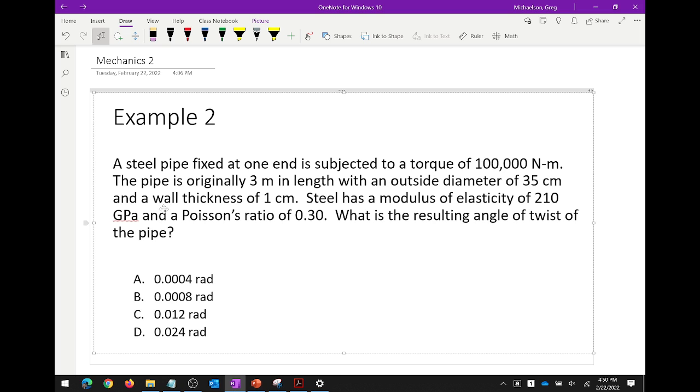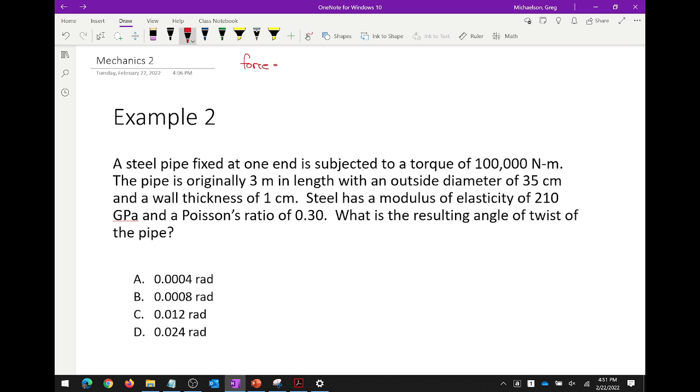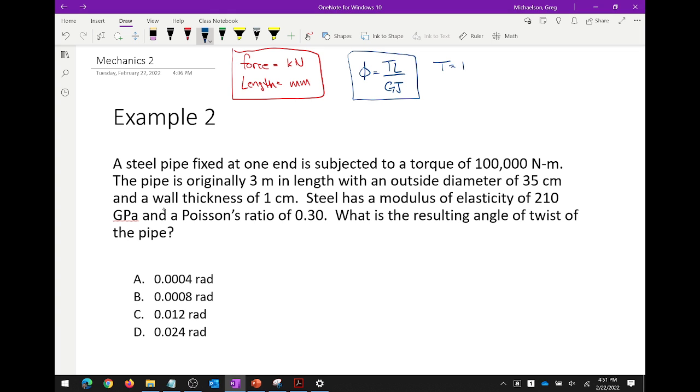So, like before, TL over GJ. Now, units. Our torque is in Newton meters. What's the trick I told you about the torques?